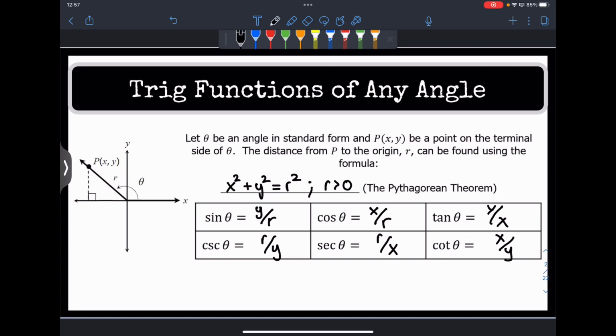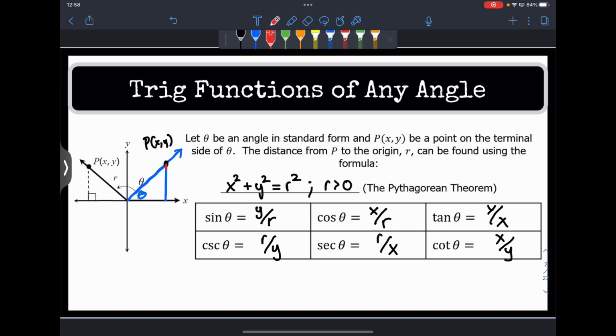Now, I can explain why this works. Why does sine equal y over r and so on? Well, if you look at this triangle I draw right here, let's say theta is this acute angle. This is my terminal side, and here is my point P, which has the coordinates x and y.